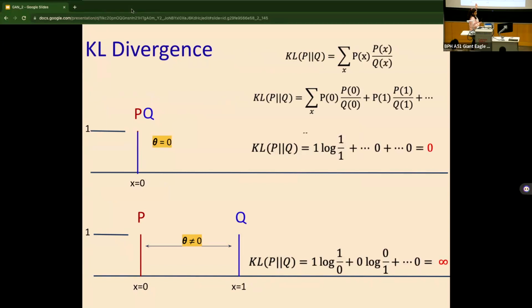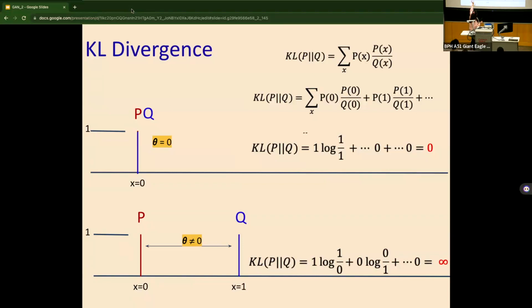P and Q are our distributions over here. And so if we try to calculate the KL divergence in this case, in the first case where your theta is 0, you mean that the distance between them is 0, which means that they are overlapping. So when they are overlapping, what would be the KL divergence between them?